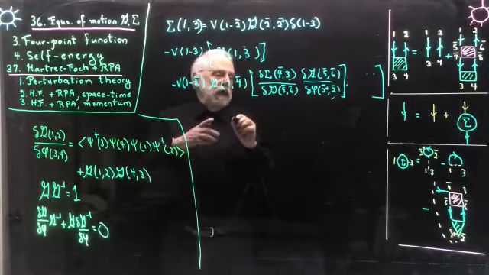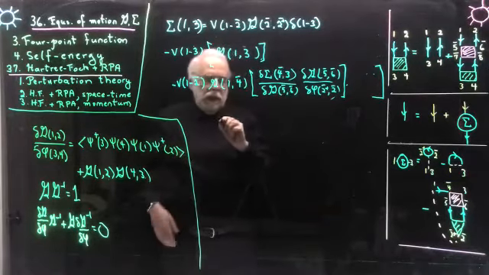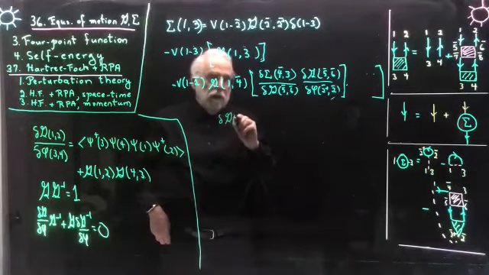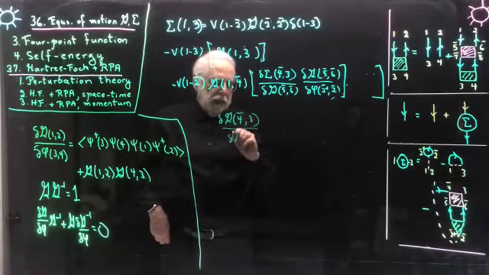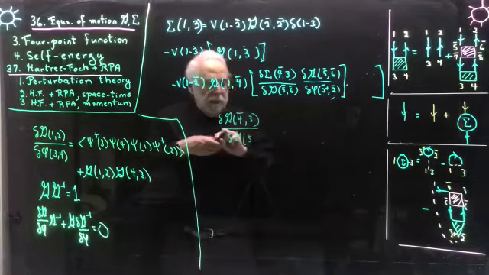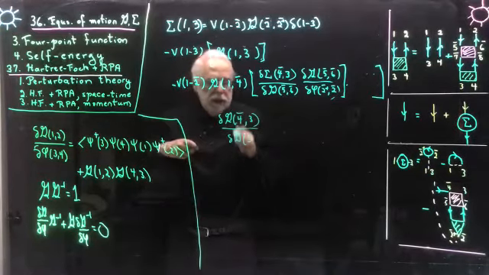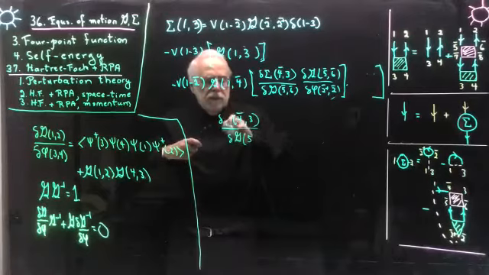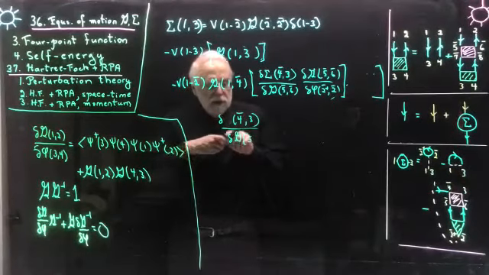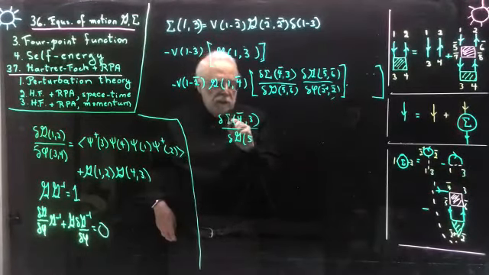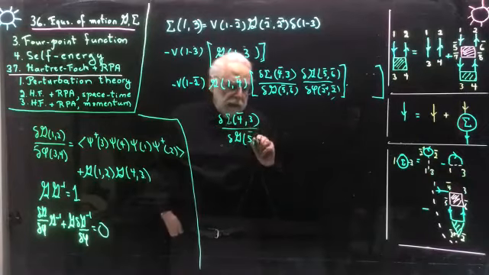So I need delta G of 4 bar 3 times delta sigma 4 bar 3 times delta G 5 bar 6 bar.